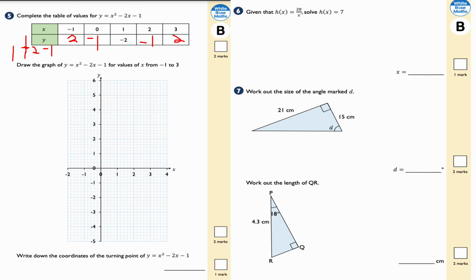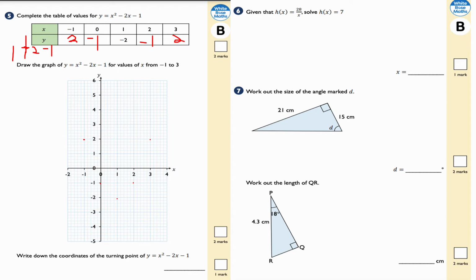Now plotting our quadratic curve. So minus 1, 2, so it's going to go there. 0, negative 1, 1, negative 2, 2, negative 1, and 3, 2.